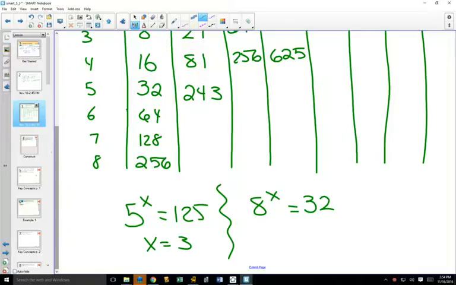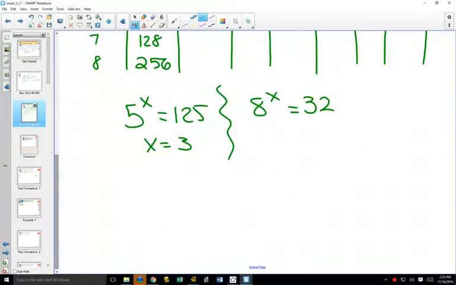Do 8 and 32 happen to be in the same column as one of these bases? And they do. They're both powers of 2. So what we're going to do in those ones is change 8 to 2 cubed. We would still have the power of x here. We would change 32 to 2 to the 5.